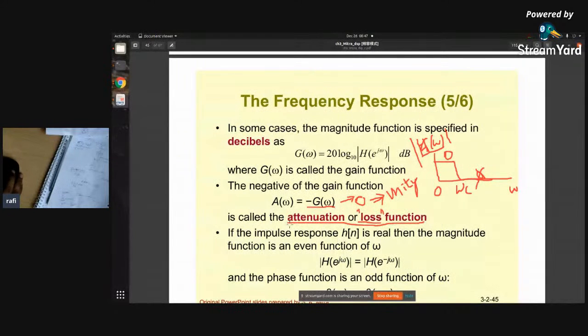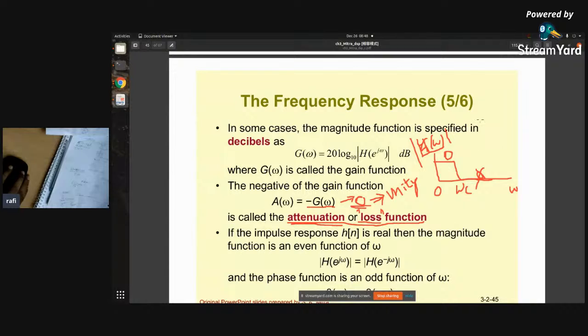At those frequencies the signal gets lower gains, which are negative gain in dB. Please understand these terms: attenuation, or loss function, is nothing but gain in dB being negative. Why? Because our reference point is 0.